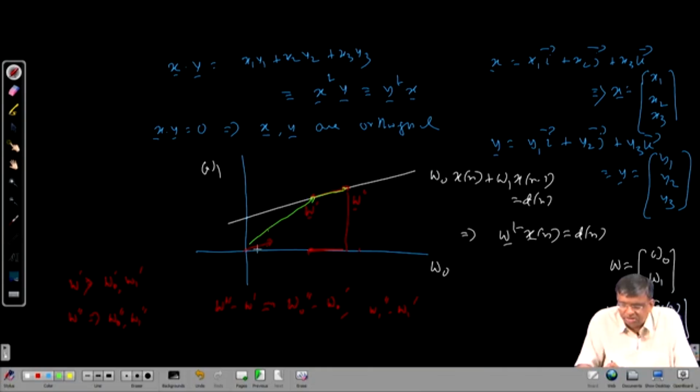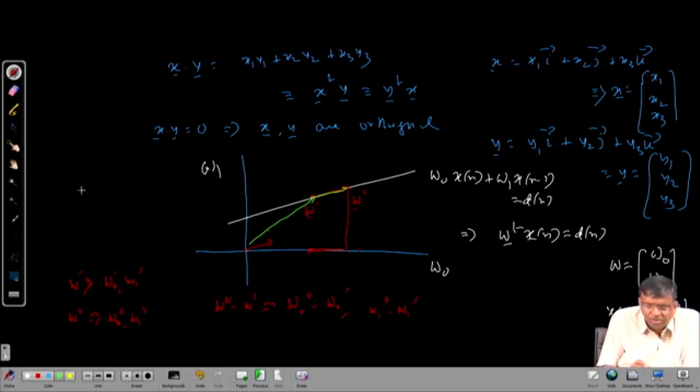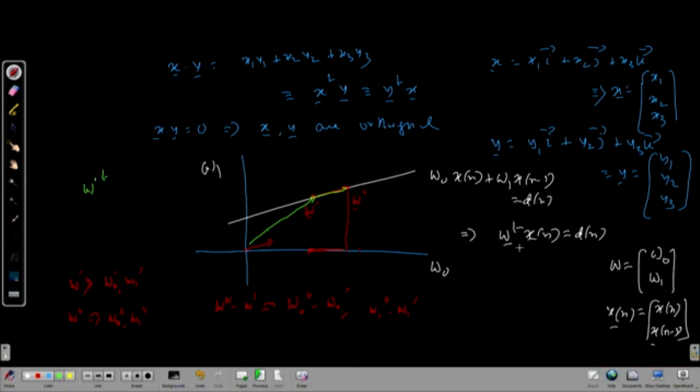So, this vector lies on this plane, because I took 2 points on the plane and took the difference. Now, you see one thing, this point lies on the plane. So, W prime transpose x n is d n, again W double prime transpose this point x n, again d n.